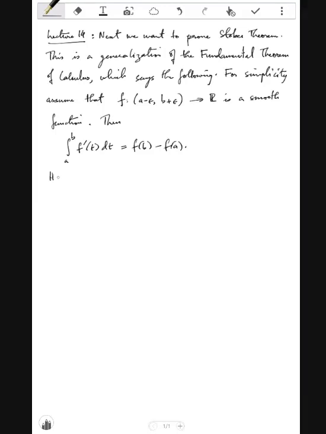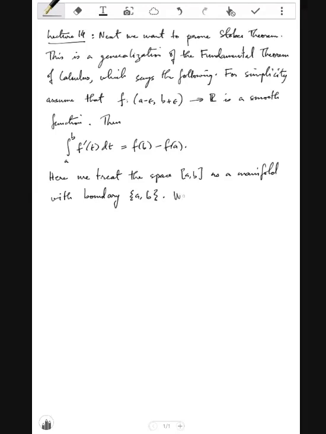So here we treat the space [a, b] as a manifold with boundary, the set consisting of 2 points a and b.